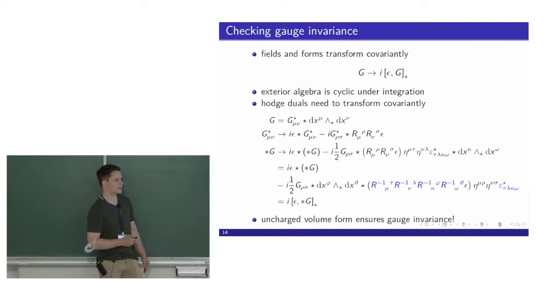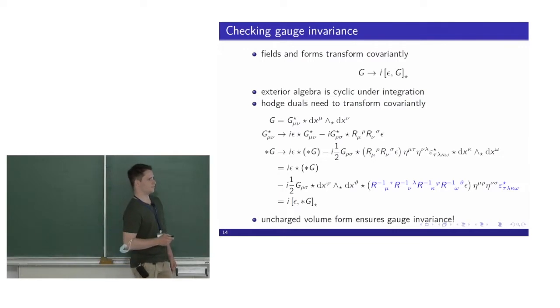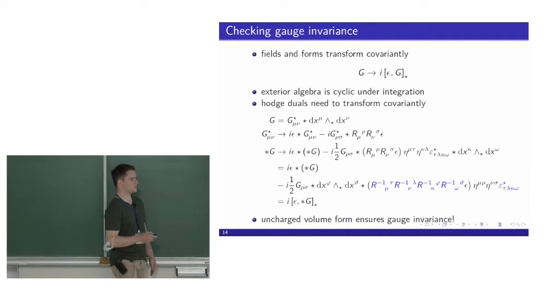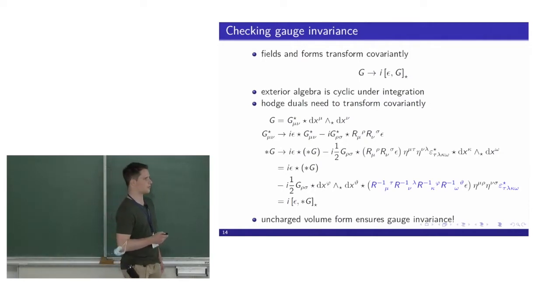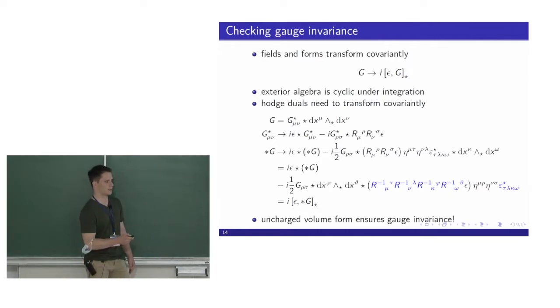By doing this, we introduce these two R matrices here. Okay, this is what it is, and this we can now plug into the definition of the Hodge dual. The first term immediately reduces to the first term that we want to see, but the second term looks like this tiny little mess.